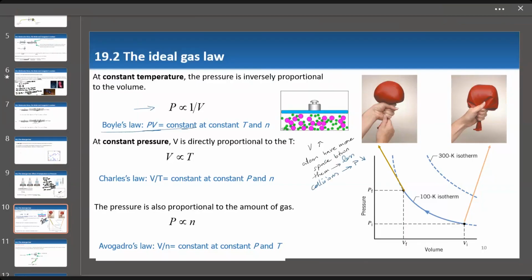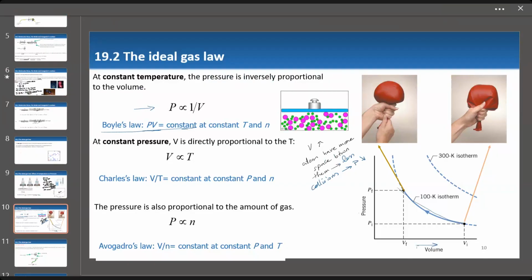And you can see the relationship between these two, P versus V in our graph here. As the volume increases, the pressure drops down. And the inverse relationship gives us this curved line, basically, because if you plot 1 over x, you have a curved line, right? We can also see our next experiment, which is at constant pressure, V is proportional to temperature.